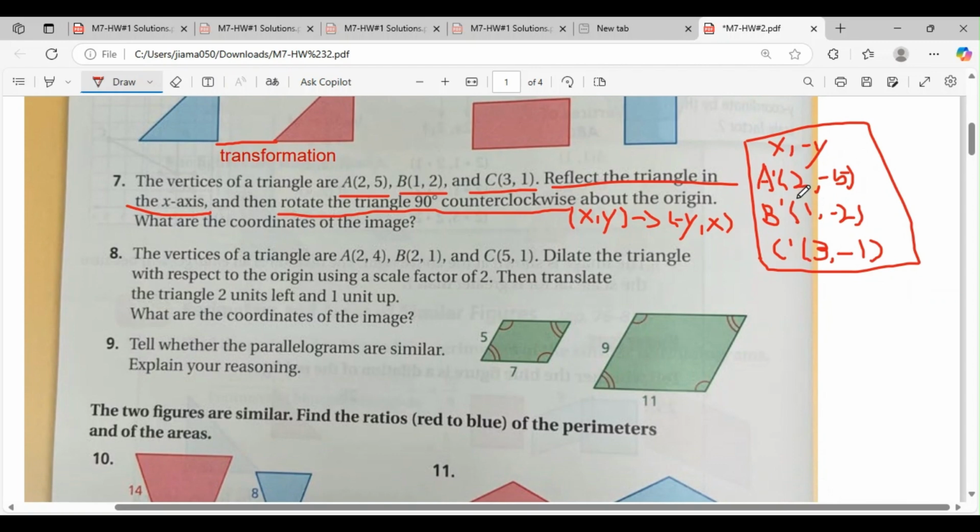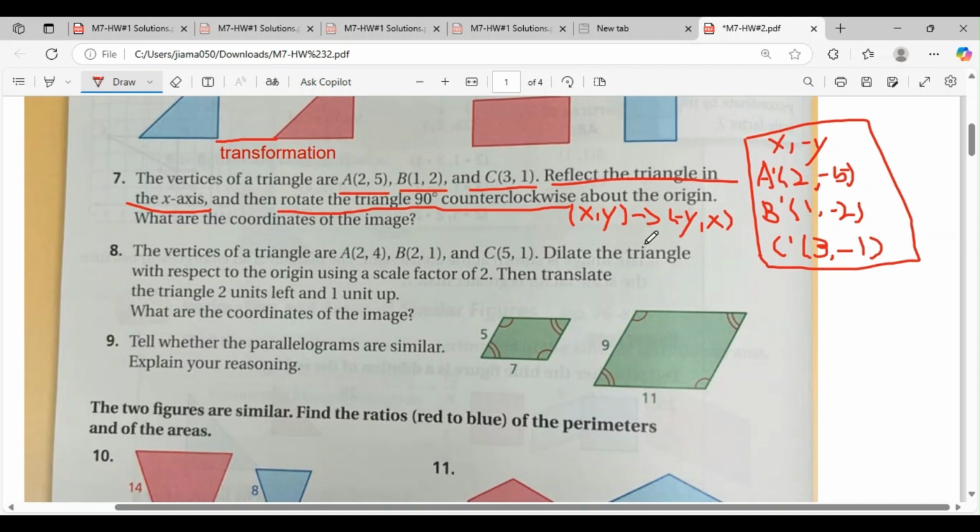So point A is (2, -5). Let's write it down.